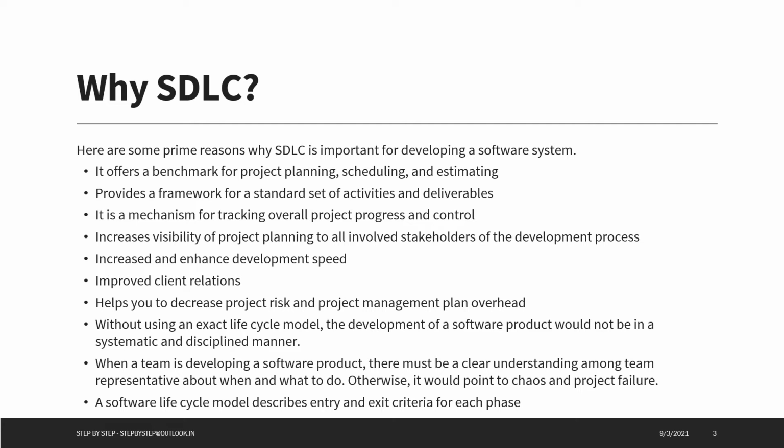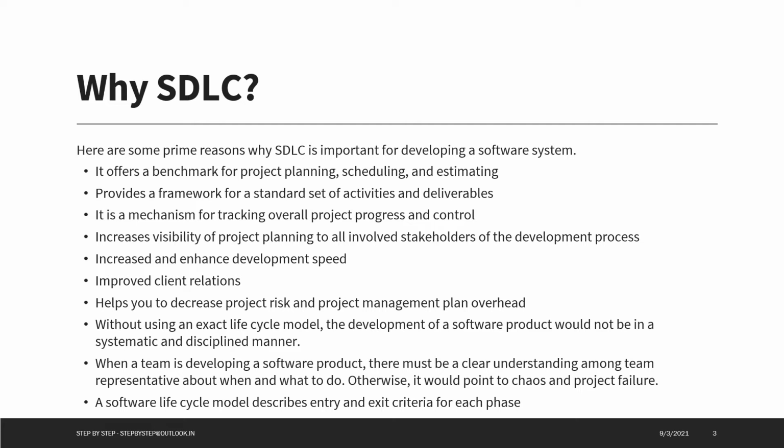Without using an exact life cycle model, the development of a software product would not be in a systematic and disciplined manner, right? When a team is developing a software product, there must be a clear understanding among the team representatives about when and what to do. Otherwise, it would point to chaos and project failure.